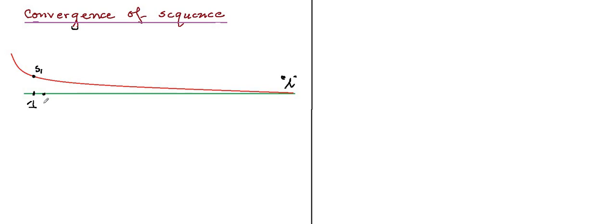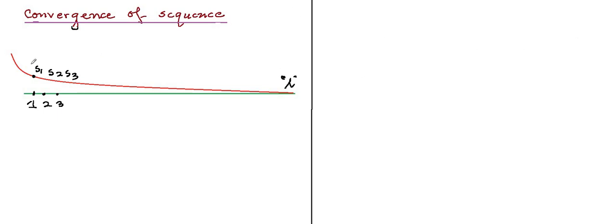Similarly, if we put 2, we can get S2; 3, we can get S3. So on and on, the sequence makes a particular graph, and convergence means that it is trying to touch a particular point or tending towards a particular point when n is tending towards infinity.